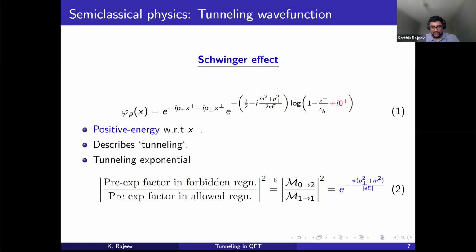In particular, the exponential factor that I showed earlier can be read off from the prefactor in the forbidden region divided by that in the allowed region. If you take the ratio, this exponential factor is precisely that relative factor. So in this sense, this exponential factor, which gives you the spectrum and so on in the Schwinger effect, is in fact the tunneling amplitude corresponding to this wave function.